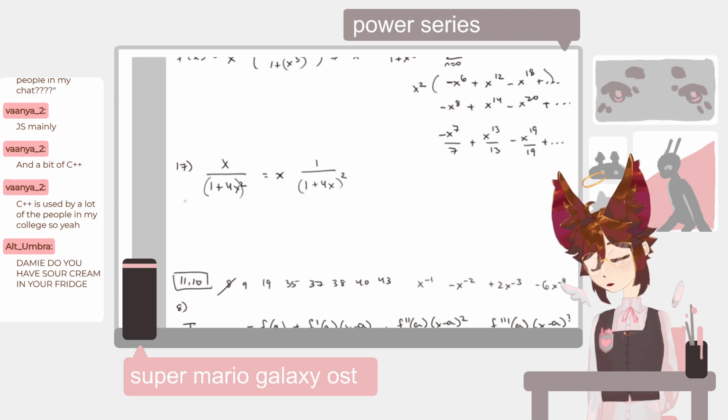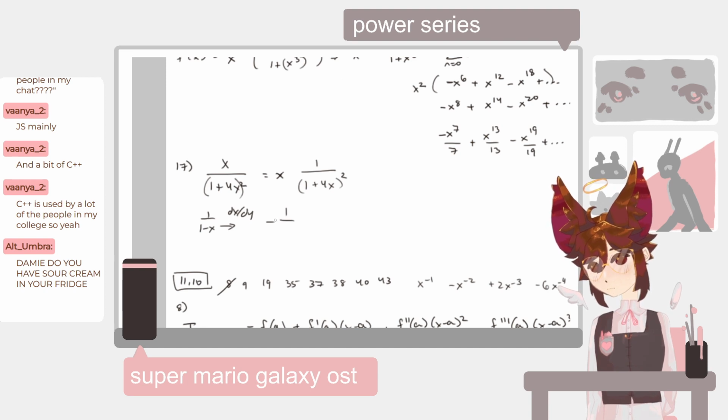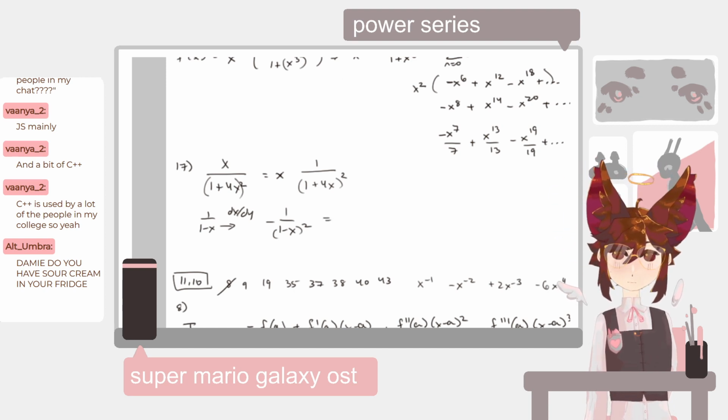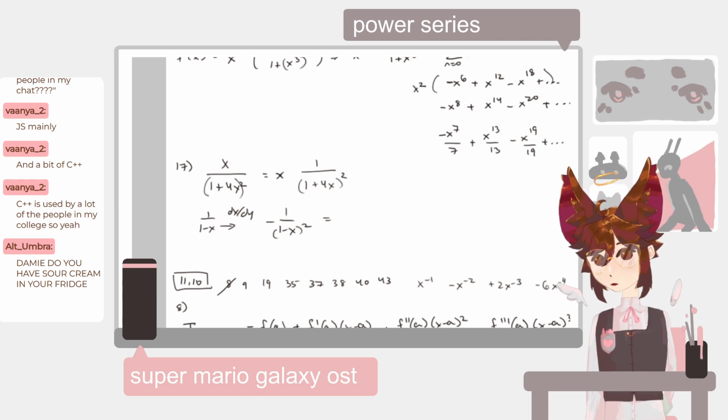Oh, I think, okay, so what they did is they did 1 minus x squared. They took the derivative, which would be negative, 1 minus x squared. And maybe they just forgot about the negative side, actually.